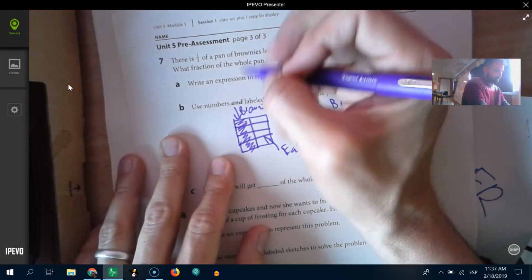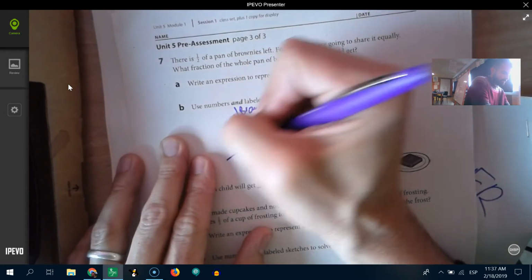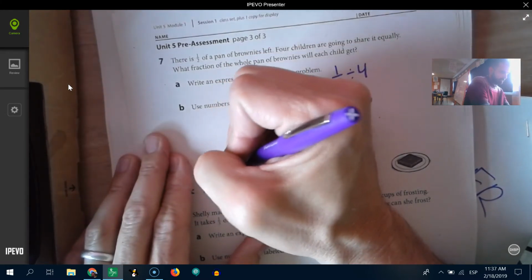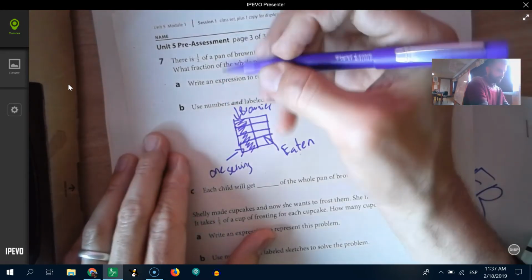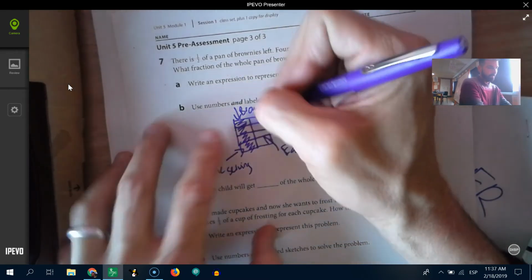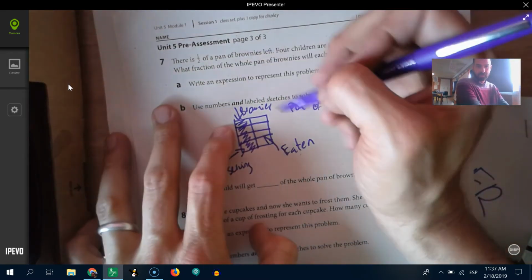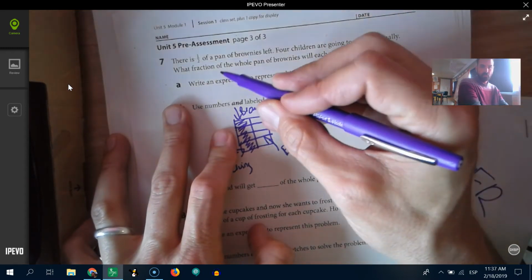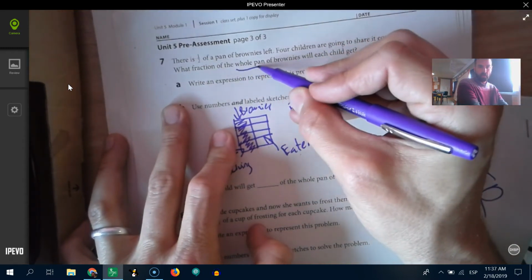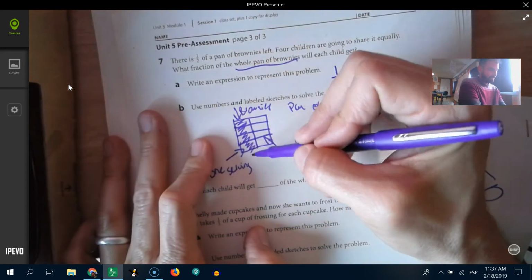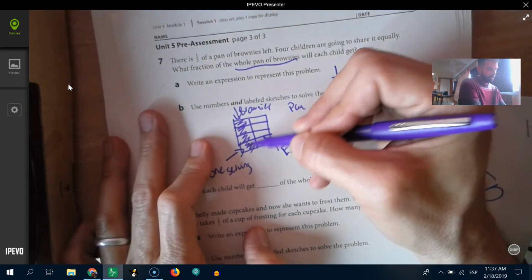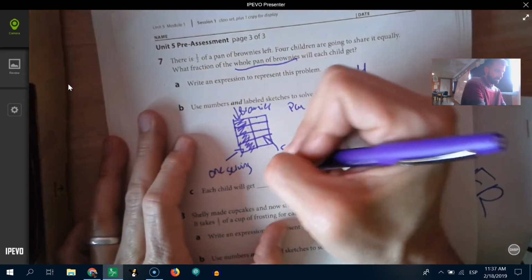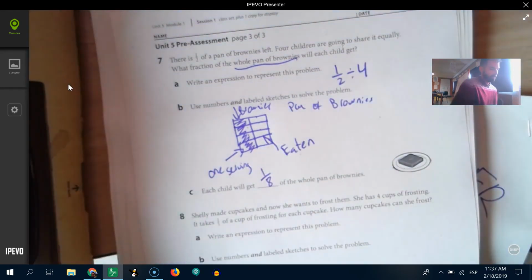Okay. And so we'll say that's 1 serving. And 1 serving of the brownies left is 1/4, but it's not asking of the brownies left. It's saying of the whole pan of brownies. So they get 1, 2, 3, 4, 5, 6, 7, 8, 1/8 of the whole pan of brownies.